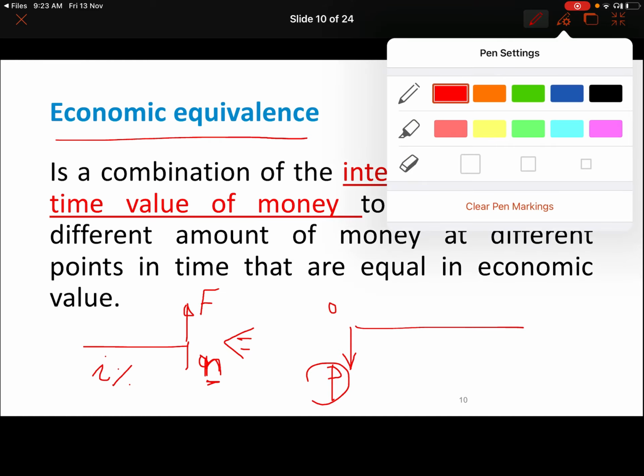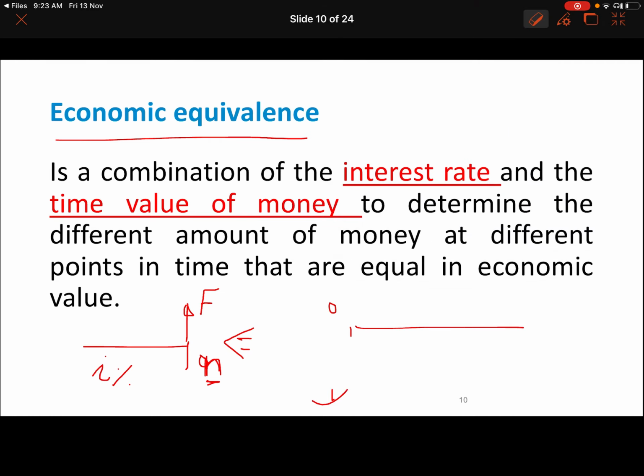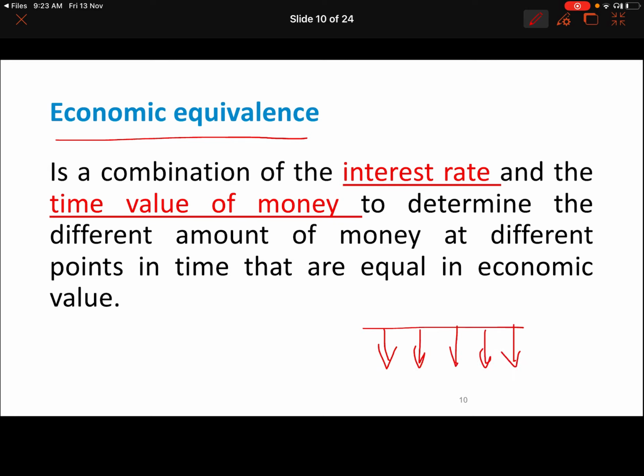I can also do that if I have single annual payments from 1 to n years. I can change the whole cash flow to 0 as a present value by the use of n years and the i%.